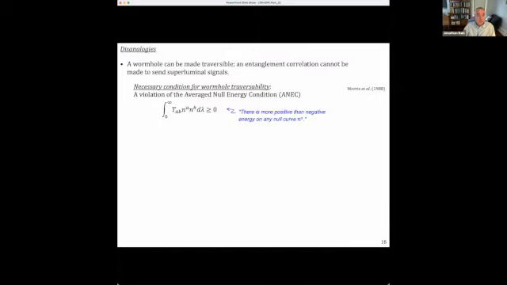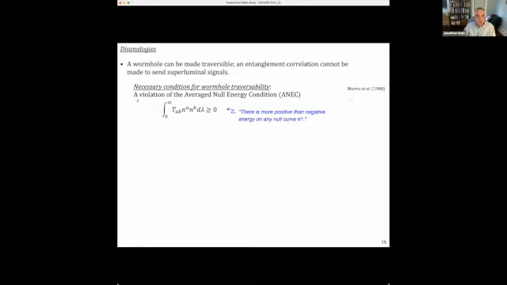But we should be aware of the following disanalogies between these two claims. One point to make is that it turns out a wormhole can be made traversable, whereas an entanglement correlation cannot be made to send superluminal signals. So the idea is there's a necessary condition for wormhole traversability, and this was described in an article by Morris and colleagues in 1988.